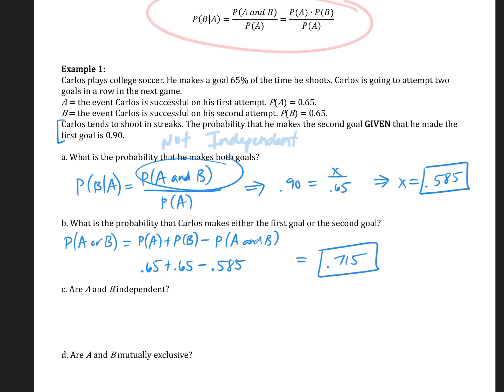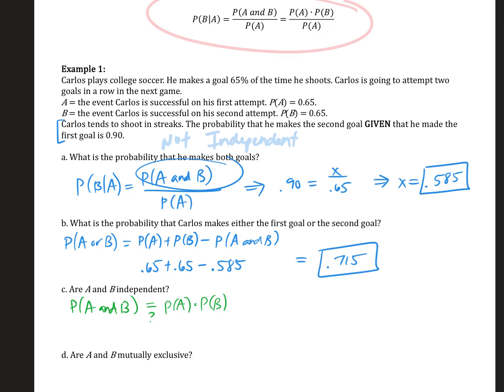All right. Are A and B independent? So what's the definition we just talked about? If they're independent, the probability of both equals the two probabilities multiplied. So what we're checking is, does the probability of A and B equal the probability of A times the probability of B?